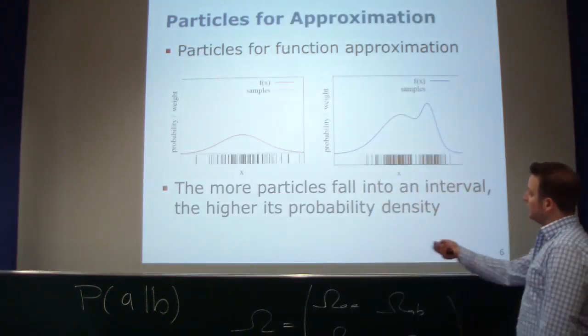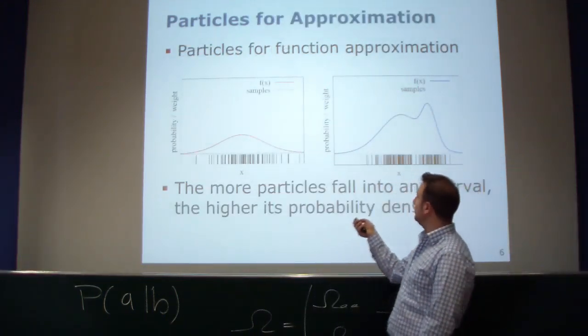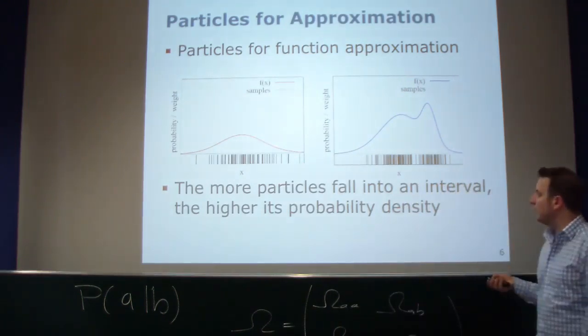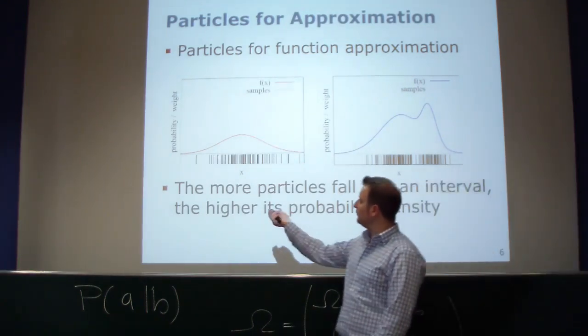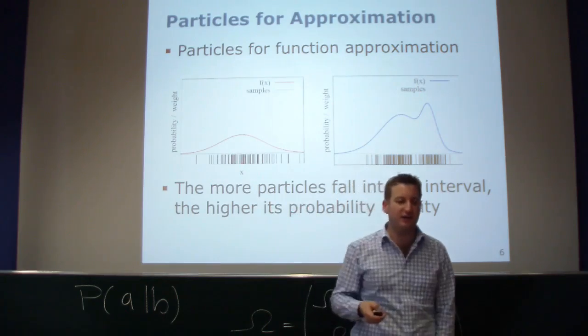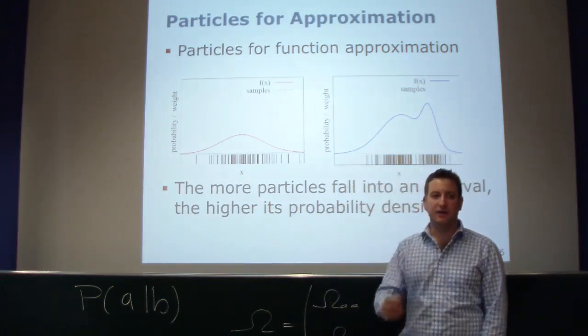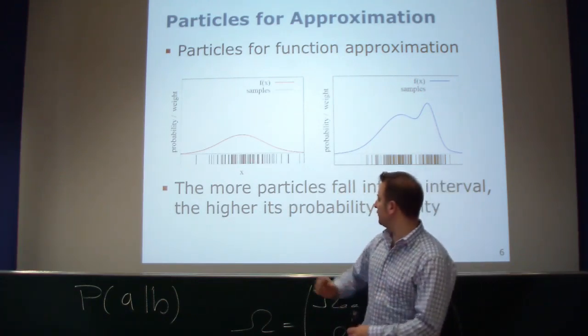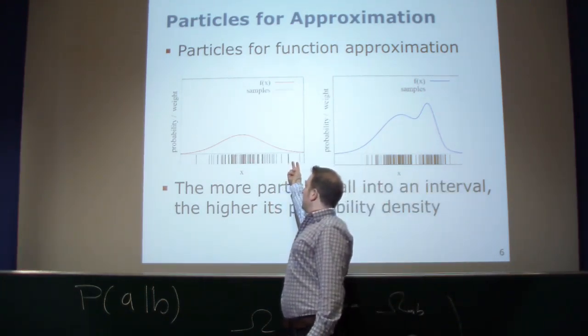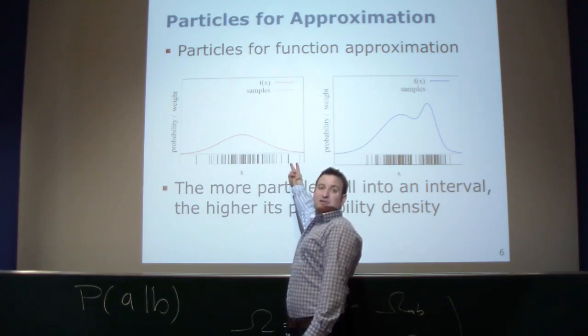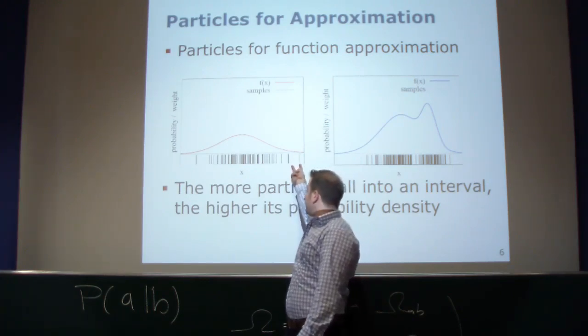So two examples over here. This is, for example, a Gaussian distribution here, and this is some other function. You can represent them by samples, so you see the samples as lines down here. And the more samples you have in an area, the higher the probability. If the interval you use for testing is very small, like this one, I would assume 0 probability here, although the function is not 0 there.